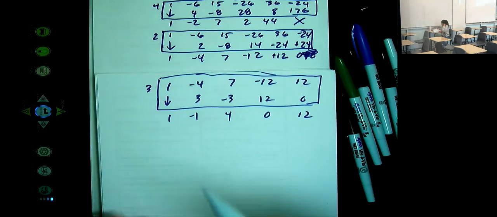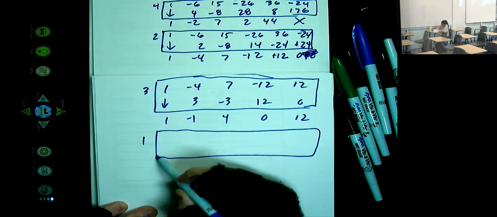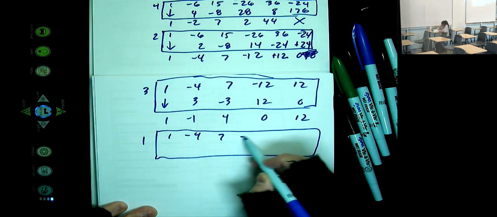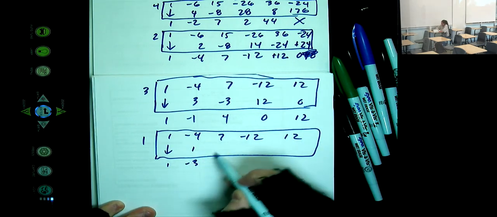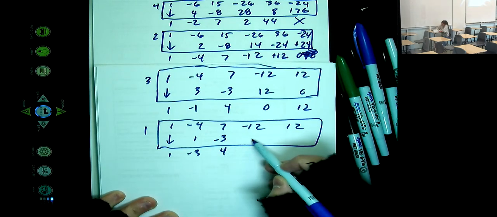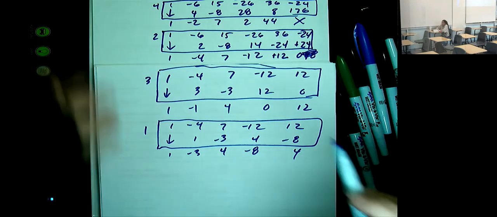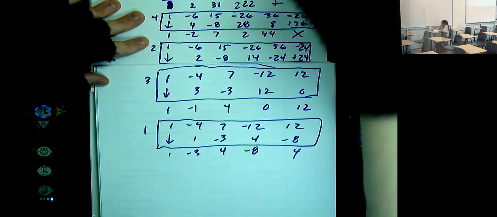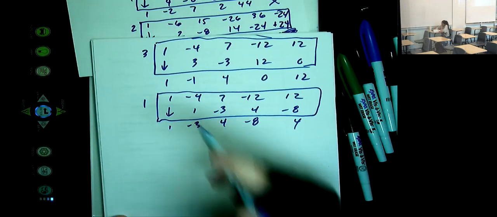Try 1. That didn't work. So 1's out. All we've got left is 6 and maybe another 2. I don't know that 6 is going to work because 3 didn't, but I'm not certain that I can bank on that. So I'm going to try the 6.